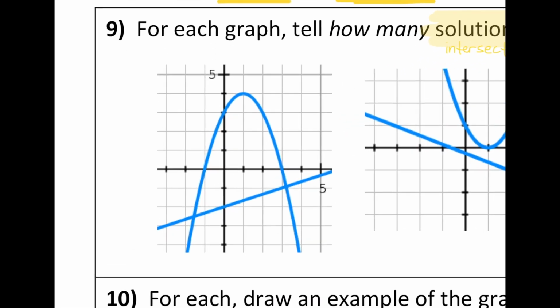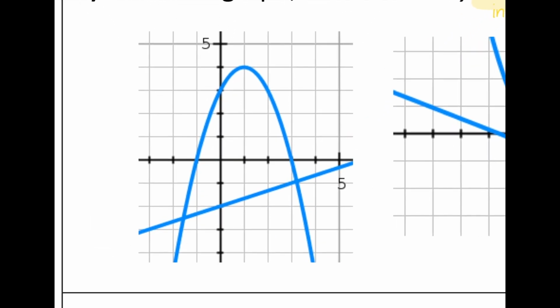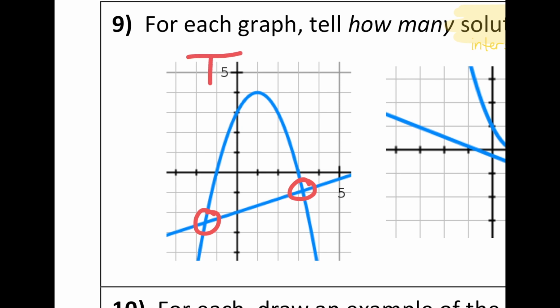So for example, here, your solutions or intersections are these 2 points. And you can be asked for the x and y values of those 2 points if I say to you, what are the solutions? But in this question, it's just asking you for how many solutions and asks you to circle them. So it's those 2 points, and so there's 2 solutions.